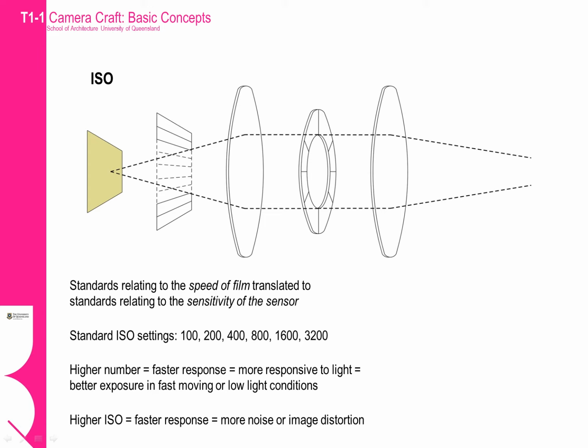The higher the number, the more sensitive the sensor is to light. Higher or faster sensitivity comes at a price, because the higher or faster you set the ISO, the more noise will be present in your image. Therefore, higher ISO settings result in grainier and more noisy images.